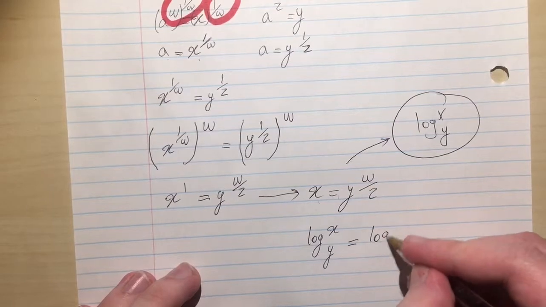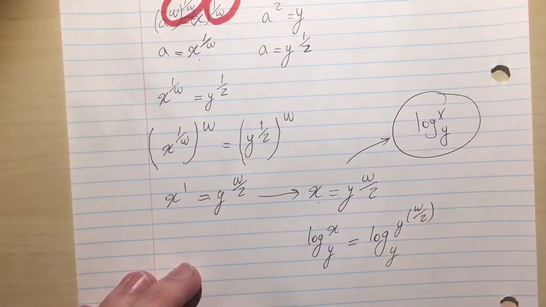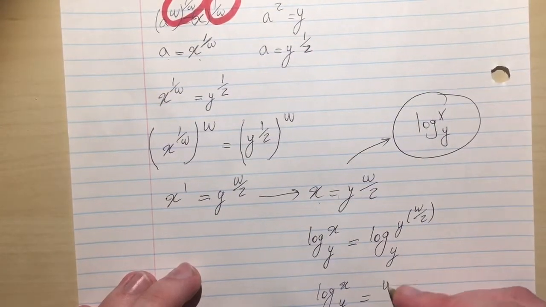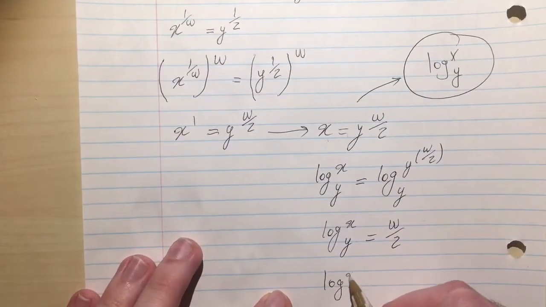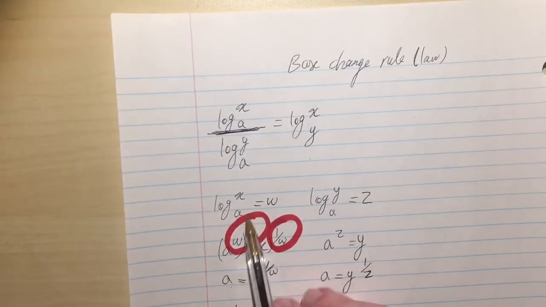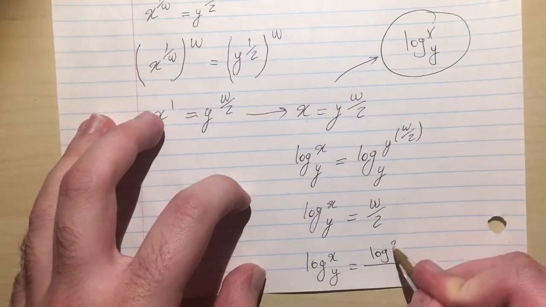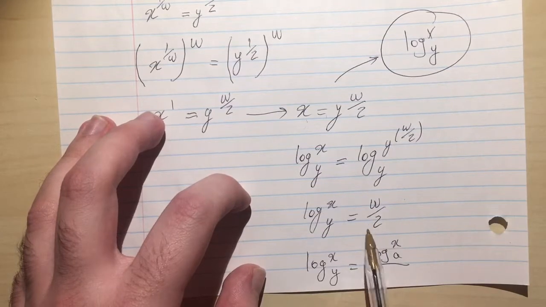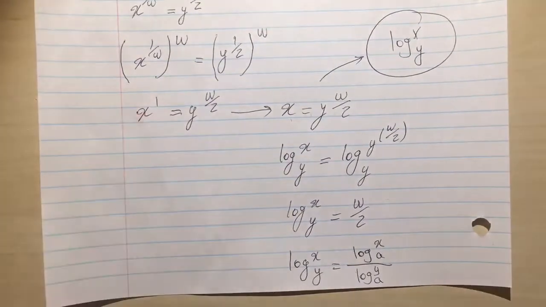It is equal to log of y to the w over z, base y. So log x base y is equal to w over z, and you almost proved it. w is log x base a, and z is log y base a. Here you have it. Finished.